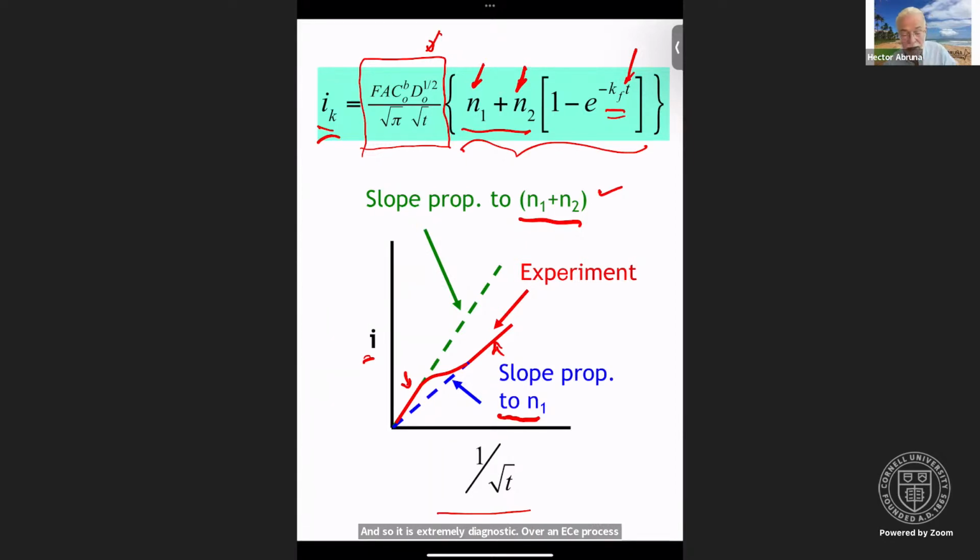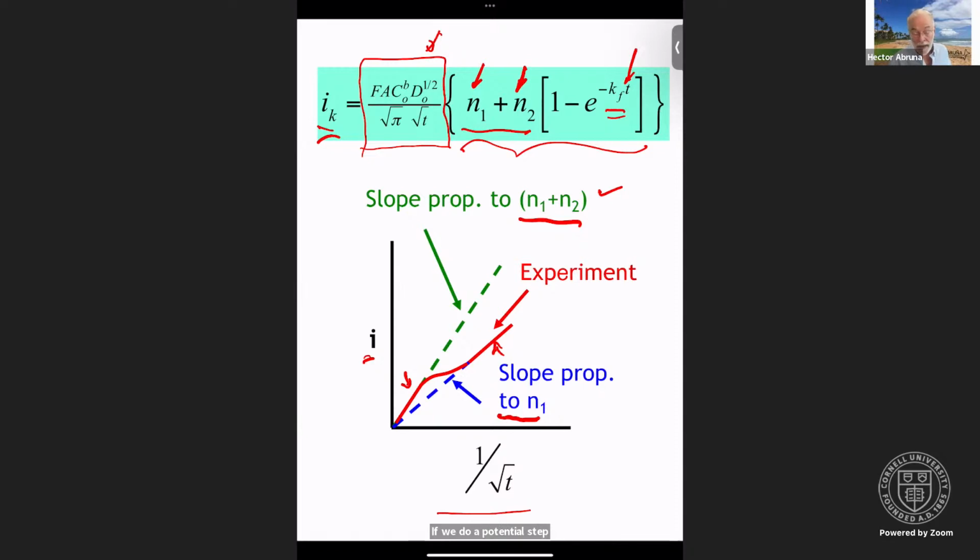Again, because of being sort of the flavor of the week these days, this type of analysis has been resurrected in the study of CO2 reduction to multiple carbon products. And that's because you have a cascade of electron transfer events. If you do a potential step measurement, it will be extremely sensitive to that.